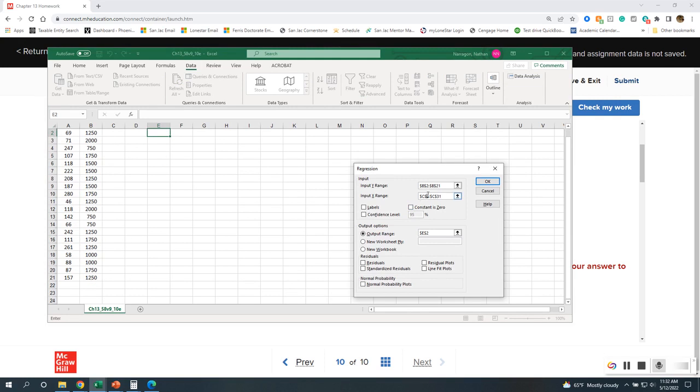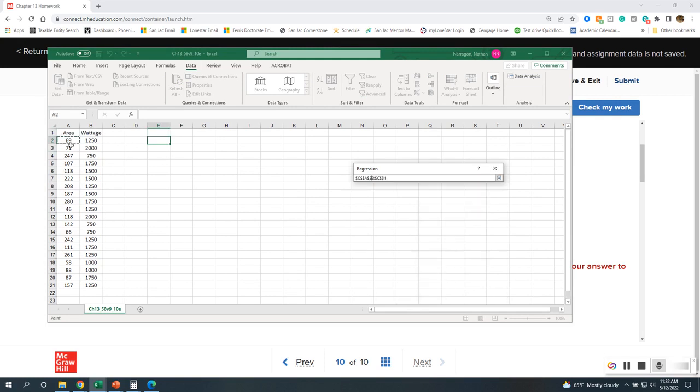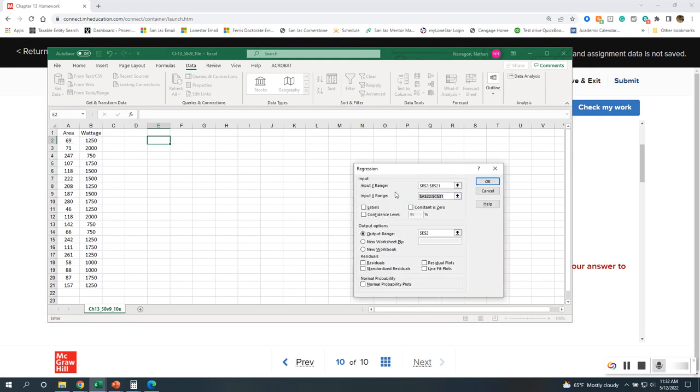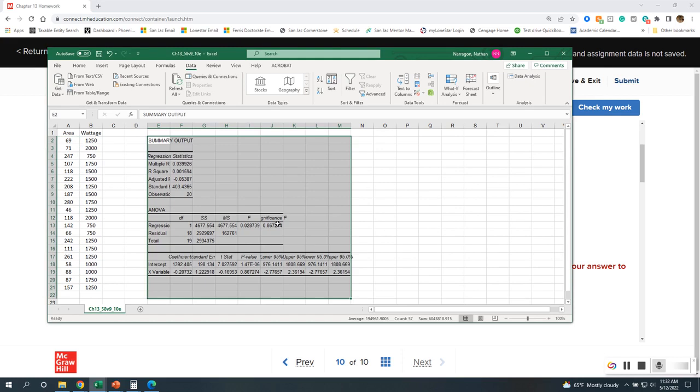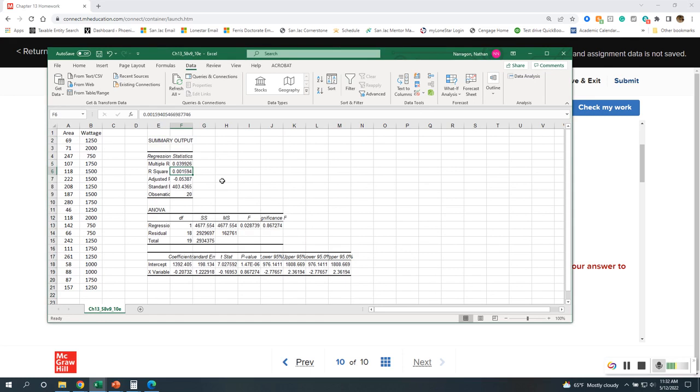And then our X range. Okay. So if I tell it to do that, notice how small even our coefficient of determination is. There's really not a big correlation going on here.